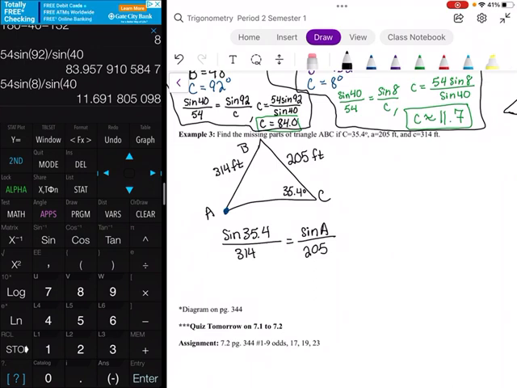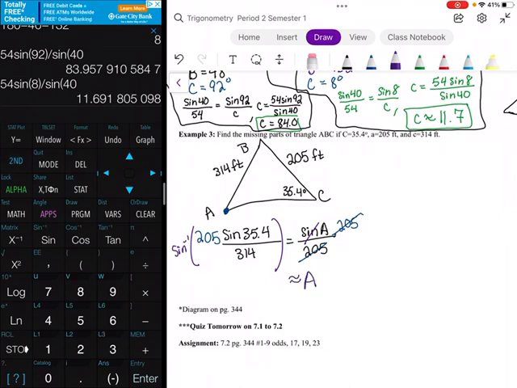To get sine of A by itself, we would just multiply both sides by 205. And to get A, we're going to take the inverse sine of both. So then we would end up with what A is equal to.